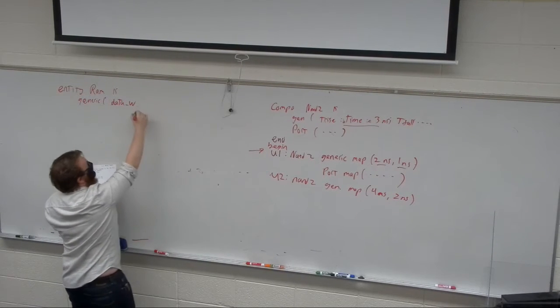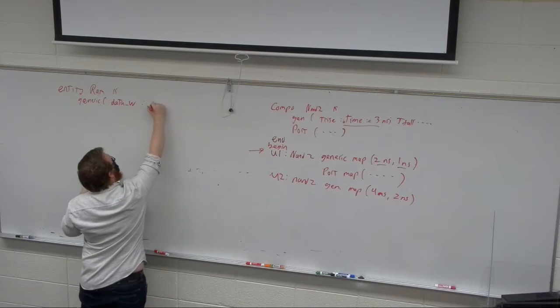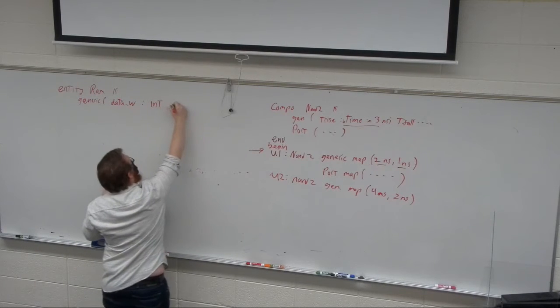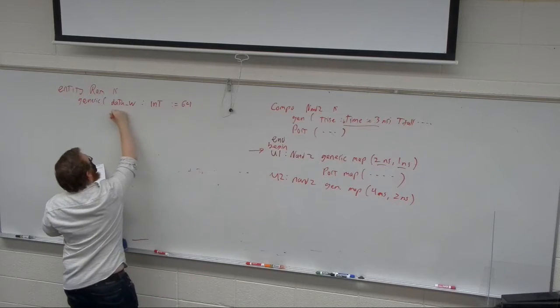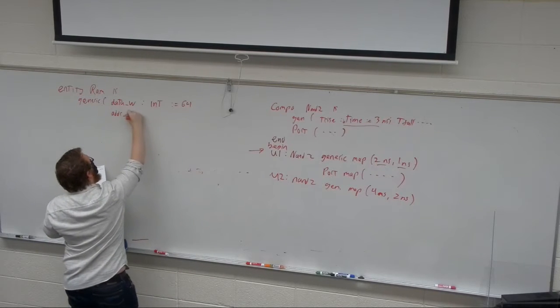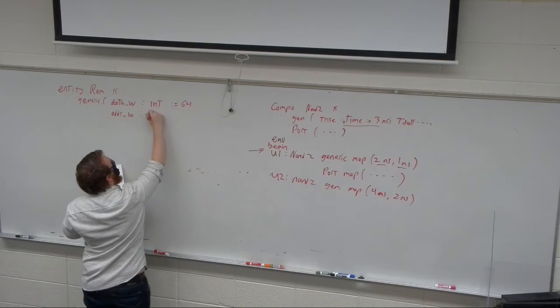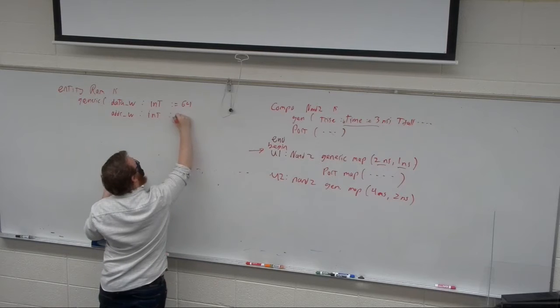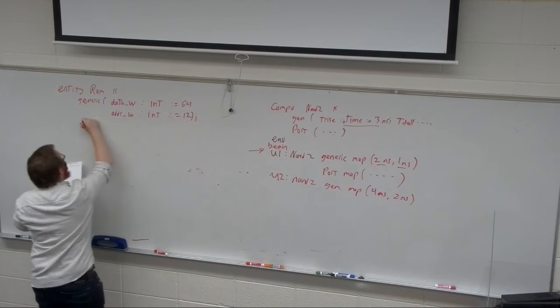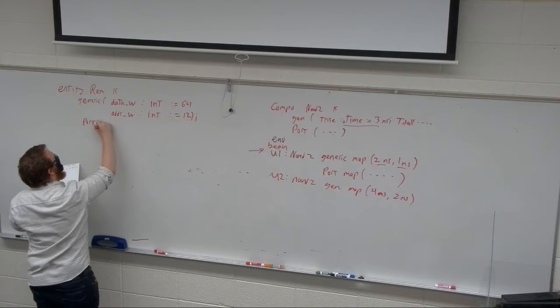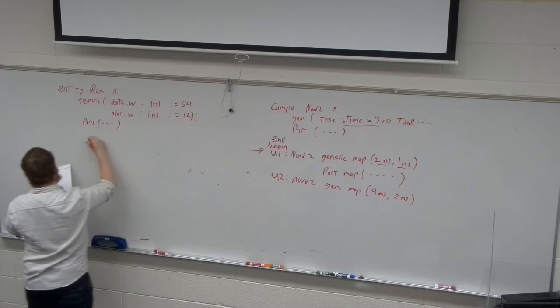I can initialize it here, in fact, which is an integer with a default value of 64, and an address width, which is an integer with a default value of 12. Ports, blah, blah, blah.